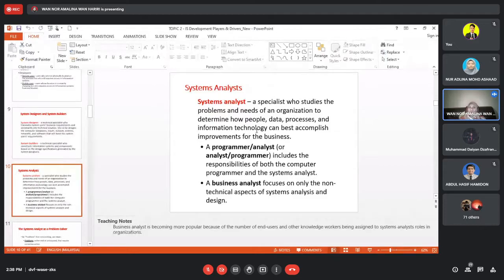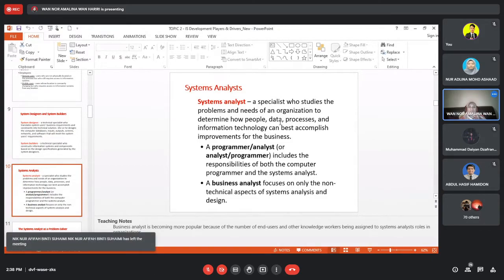So who are these people? Systems analysts are specialists who study the problems and needs of an organization to determine how people, data, processes, and IT can best accomplish improvements for a system. These people, data, processes, and IT are actually components of IS.